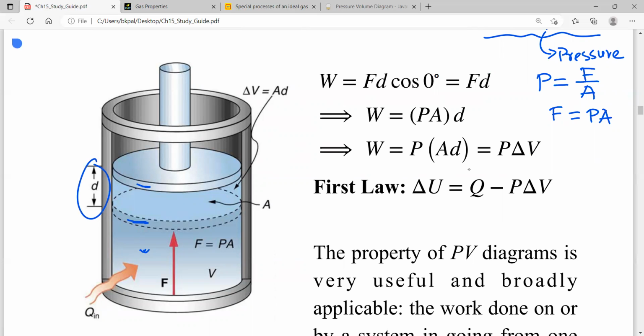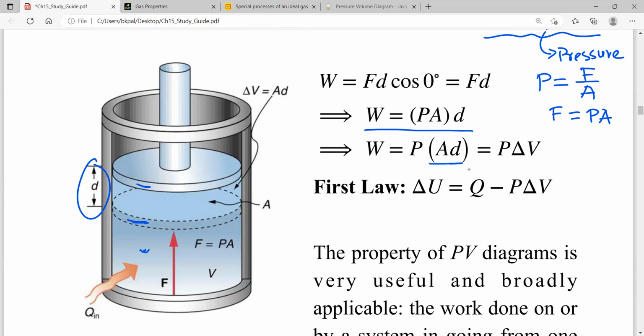Remember the definition of work done: W equals Fd cosine theta. Here force and displacement are in the same direction, so theta is 0 degrees, and cosine 0 degrees is 1, so W equals Fd. F is equal to PA, so W equals PAd.